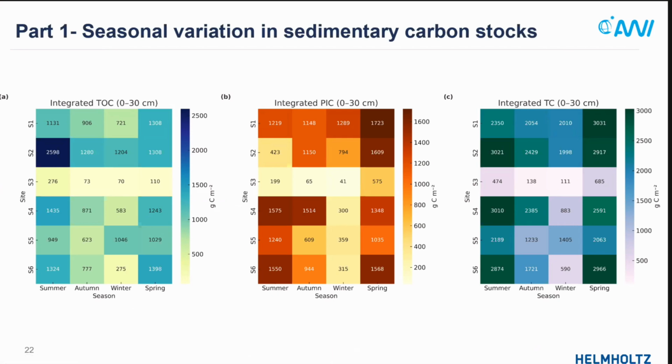This is because they are submerged, so there is a longer residence time for the organic carbon to be stored at the surface layer. One thing which is striking here is that there are two peaks of organic and inorganic carbon at different times. For oysters, during spring it was inorganic carbon rich, and during summer it was organic carbon rich.